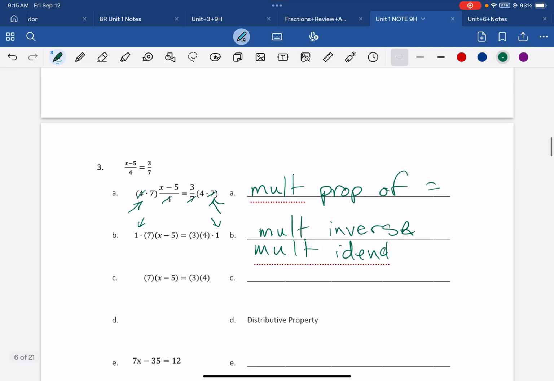And then, let's see, what are we doing next? Distributive property.